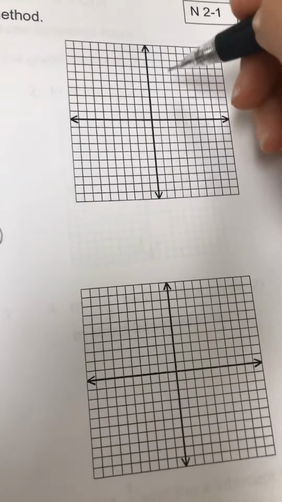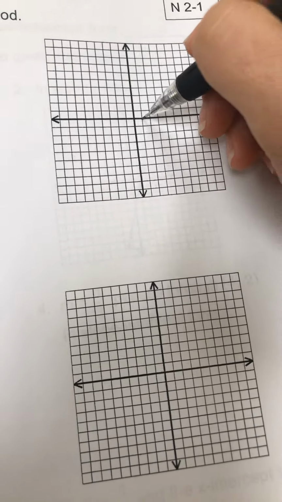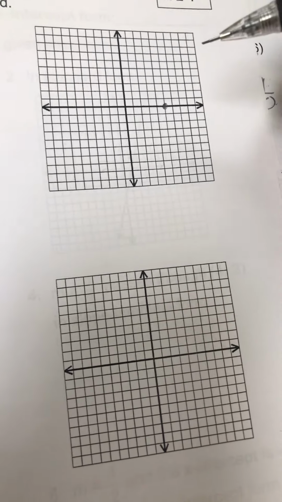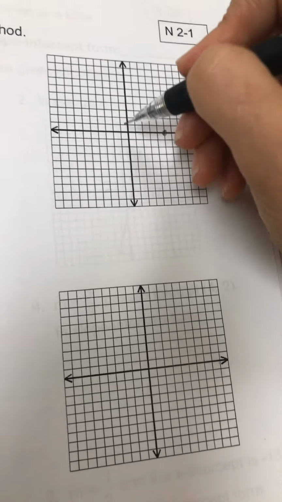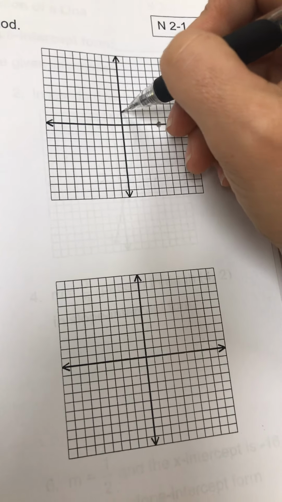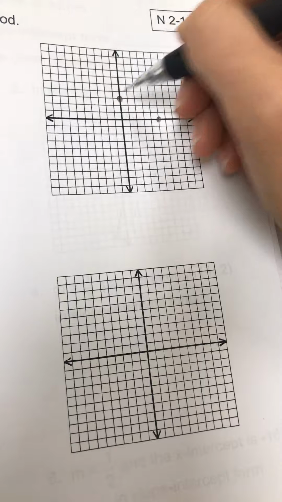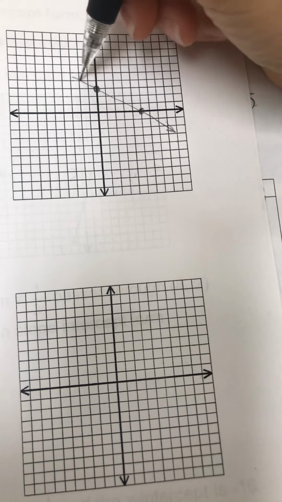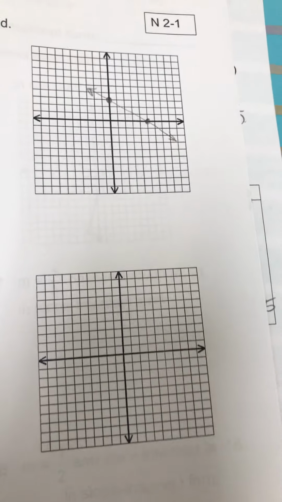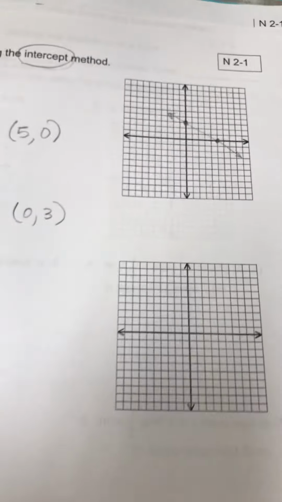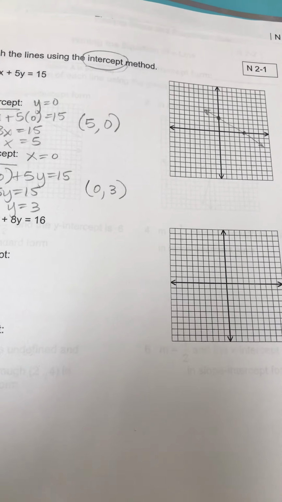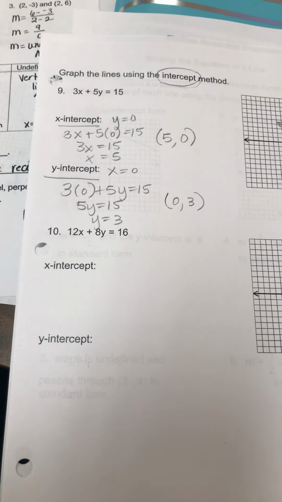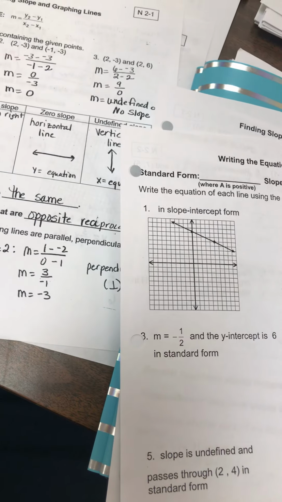So you're going to have x is 5, 1, 2, 3, 4, 5, and 0. And then you're going to have 0, 3. So 0 for x and then 1, 2, 3 for y. It's going to look like that, and you're going to graph those points. Make that line, okay? Okay. All right, so that is it for the notes.